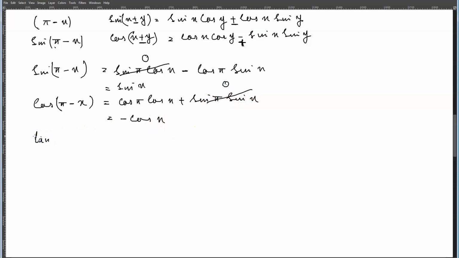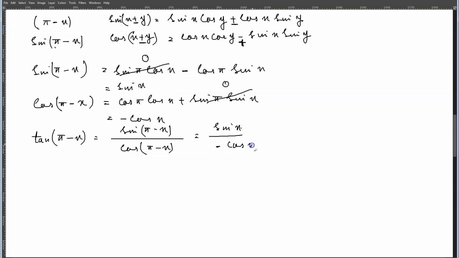What is the tan of pi minus x? The tan of pi minus x is equal to basically sine pi minus x over cos pi minus x, which is equal to sine x over negative cos x, and that is equal to sine over cos, which is negative tan x.